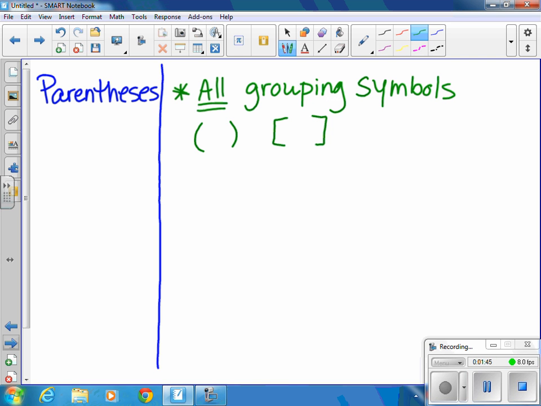We can have a brace, which looks like the little squigglies. We can also have our absolute value bars. And we can also have our division bar like a fraction. So all of this kind of stuff needs to be done before we can do anything else.